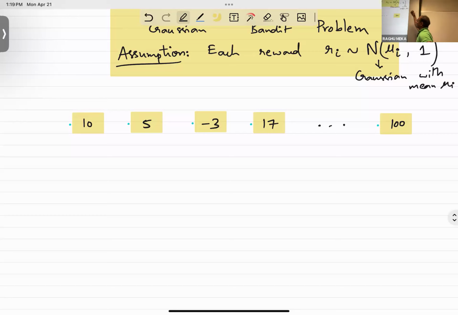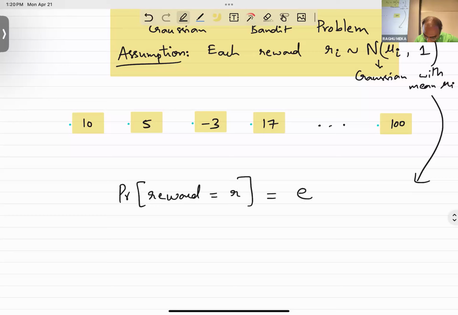And I also made the problem simpler by assuming that the variance of all of them is just 1. You can get rid of that, but let's just keep it for now. So the probability that the reward equals R is e to the minus (R minus mu_i) squared over 2.